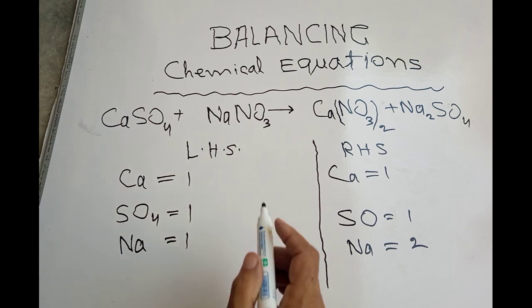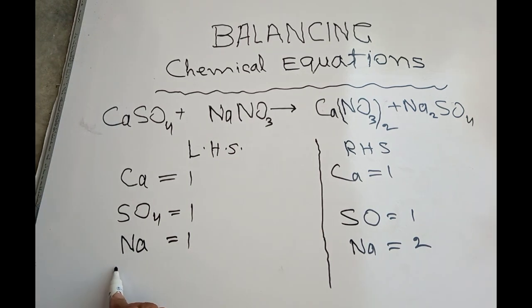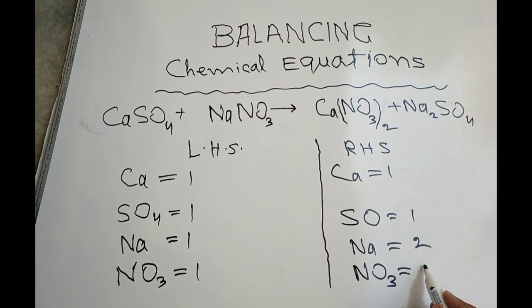Now we come to NO3. Here we have one NO3 on the left hand side, while NO3 on the right hand side is 2.